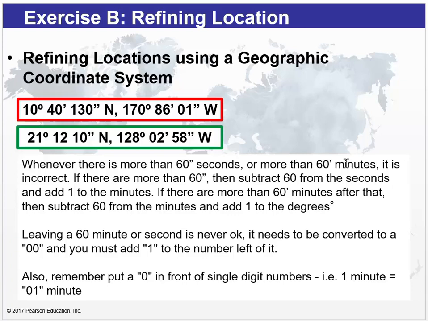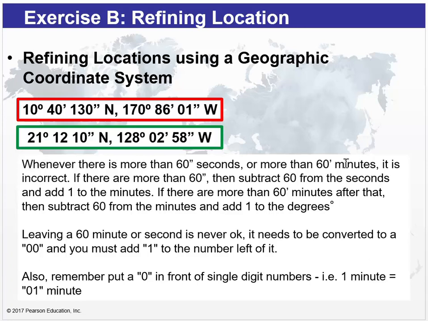So the same applies when we are converting these degrees, because they are in minutes and seconds. And 60 rounds up to the next minute and the next hour. And in place of that hour, that is where the degree is going to be changing. So if it was 10 degrees, it would change to 11 degrees.